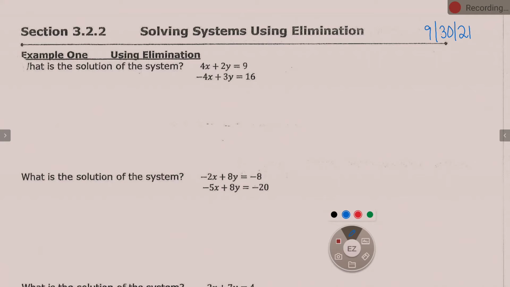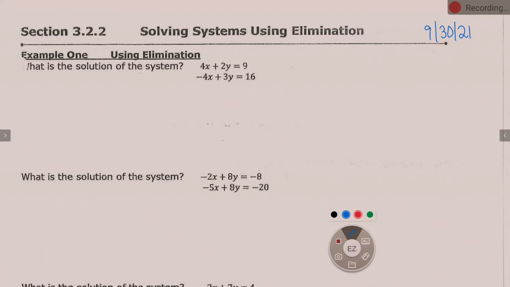It just depends, because certain problems are set up more for elimination, certain problems are set up more for substitution. So, we have 4x plus 2y equals 9, and negative 4x plus 3y equals 16. Instead of substituting, yesterday I would have picked one of these equations, solved it for x or y, and put it into the other one. There's a reason that this is not my substitution example.